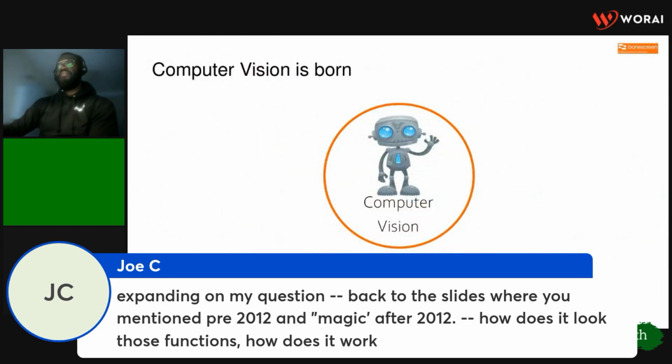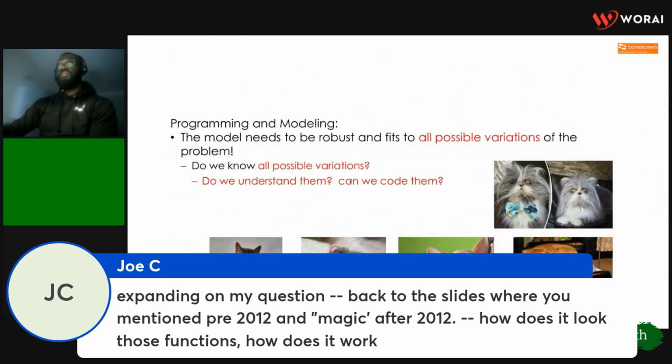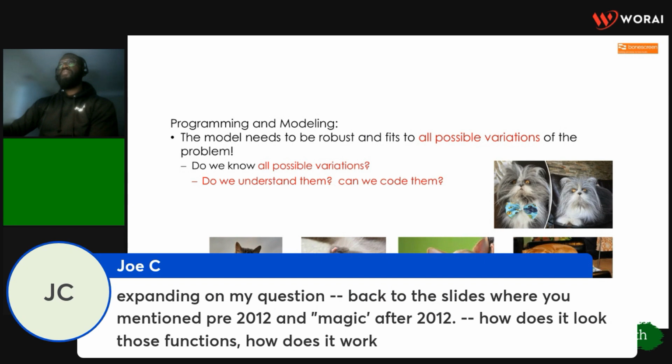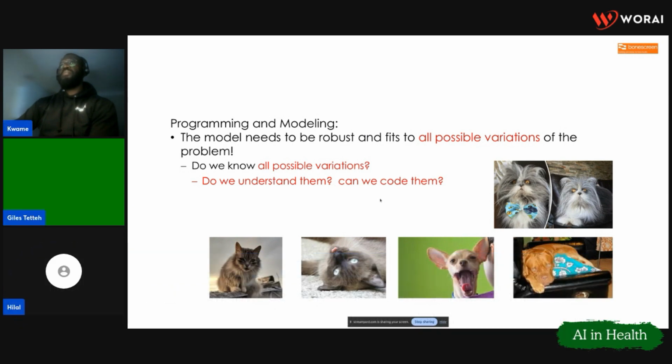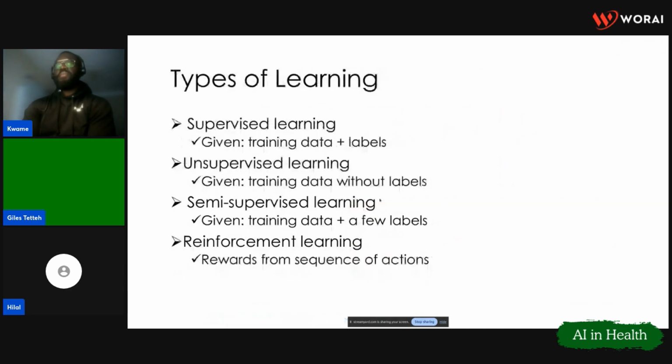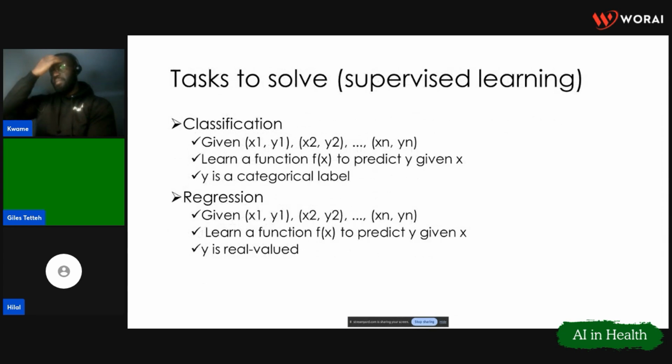Yeah, I think it's here. How does it look, those functions, how does it work? So if I come to the function, here, for example, now your image will be X.